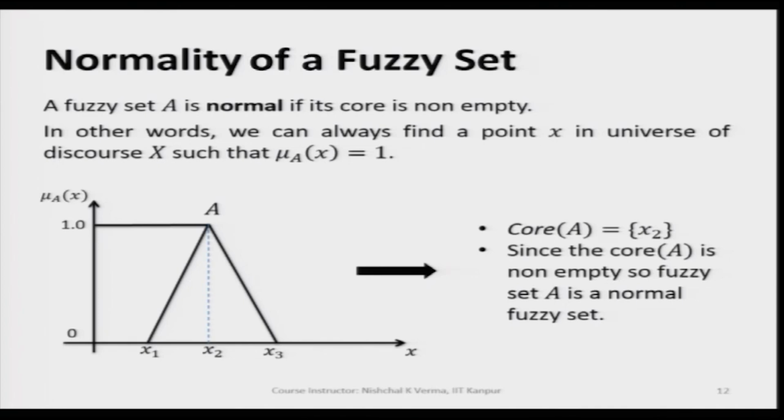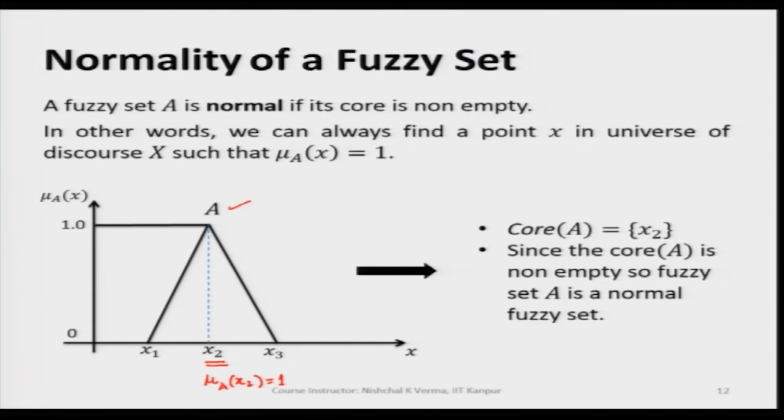We can see in this diagram we have a fuzzy set A, and x2 is the generic variable value for which we have the membership value 1.